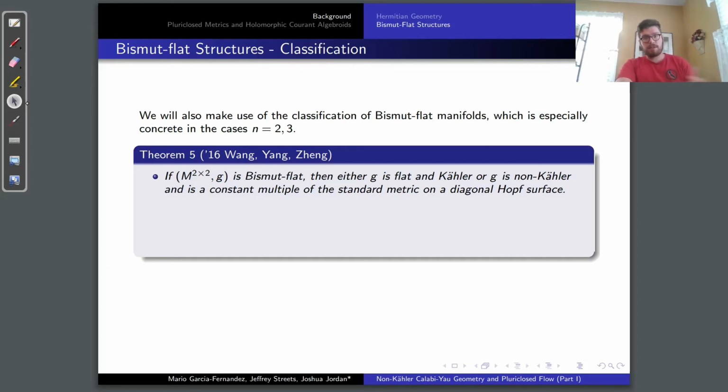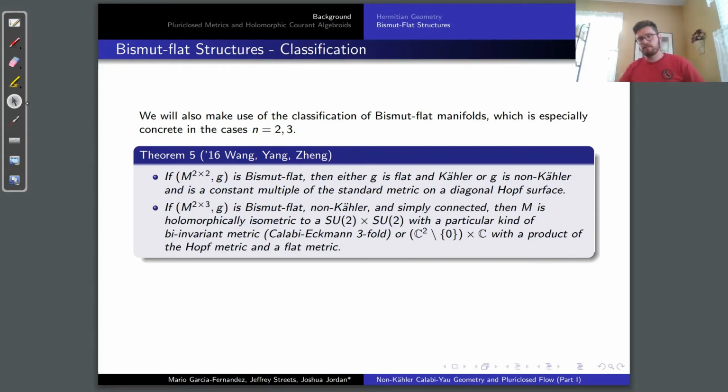Flat without a descriptor is unambiguous in the Kähler setting. It's just Levi-Civita. Or, if G is non-Kähler, it has to be a constant multiple of the standard metric on a diagonal Hopf surface. Okay? So the diagonal Hopf surface with the standard metric is the most general Bismut-flat manifold in the surface case. All right.